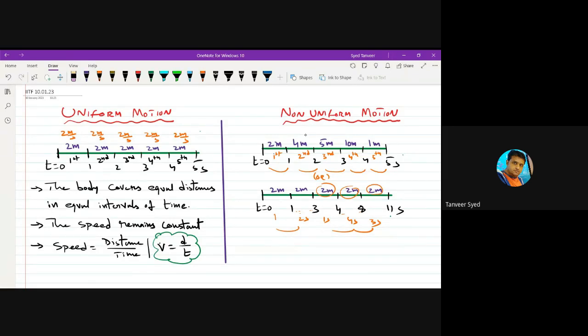This can also happen. If the body is moving like this, then you say that it is in non-uniform motion.